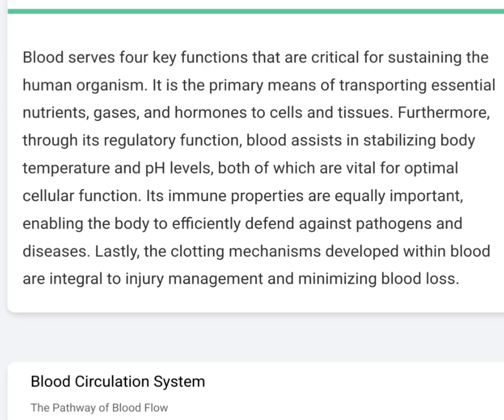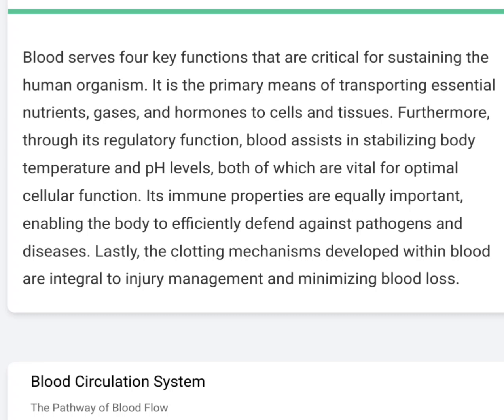Blood serves four key functions that are critical for sustaining the human organism. It is the primary means of transporting essential nutrients, gases and hormones to cells and tissues. Furthermore, in its regulatory function, blood assists in stabilizing body temperature and pH levels, both of which are vital for optimal cellular function.